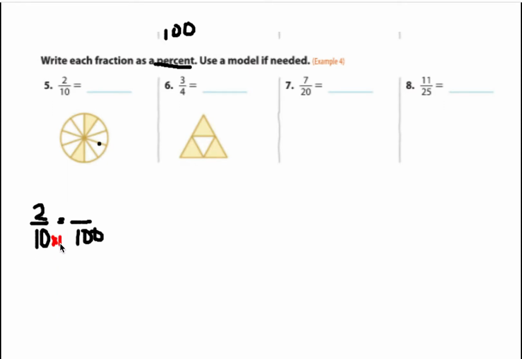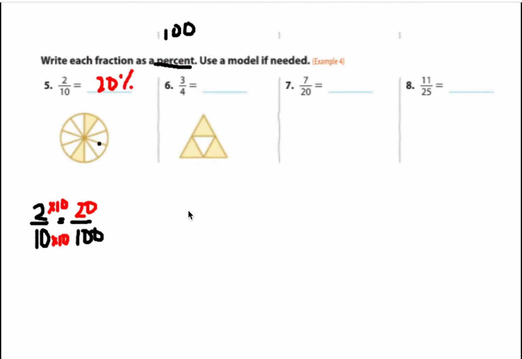It's 10. 10 times 10 gives me 100. And what you do to the bottom, you do to the top. So 2 times 10 would be 20. And that would be your percent because you got it out of 100. Remember, percent means out of 100. Whatever your numerator is, that is your answer. It is 20%.